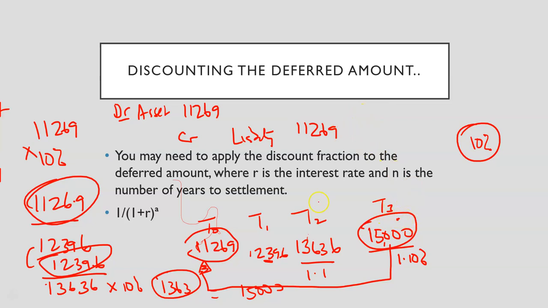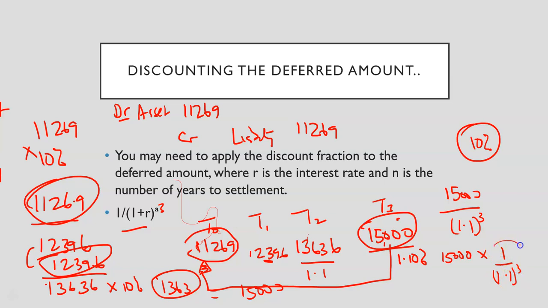So they give us a formula. Because A here is 3, it's not really a formula. You can see I divided 15,000 by 1.1 three times to get here. So in effect, what you're doing is 15,000 over 1.1 raised to the power of 3. But this is the same thing as 15,000 times 1 over 1.1 raised to the power of 3.